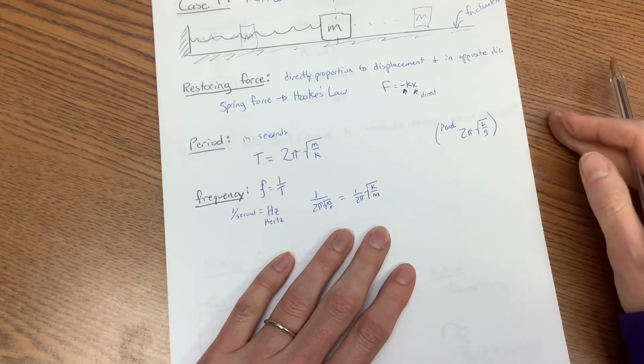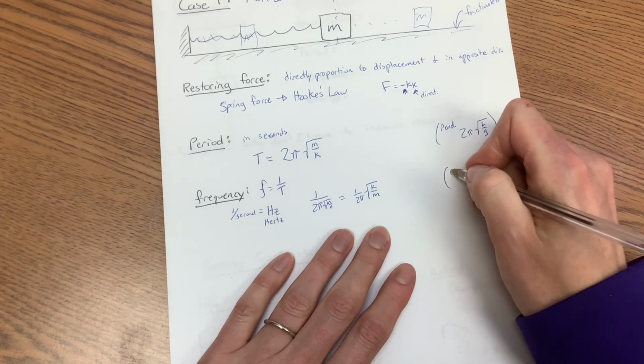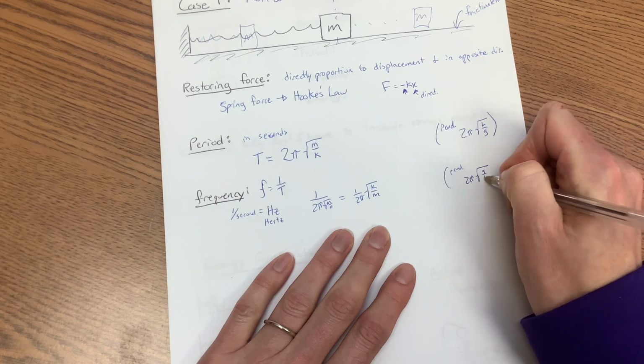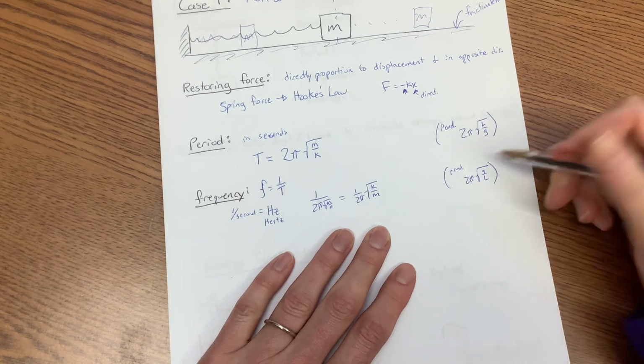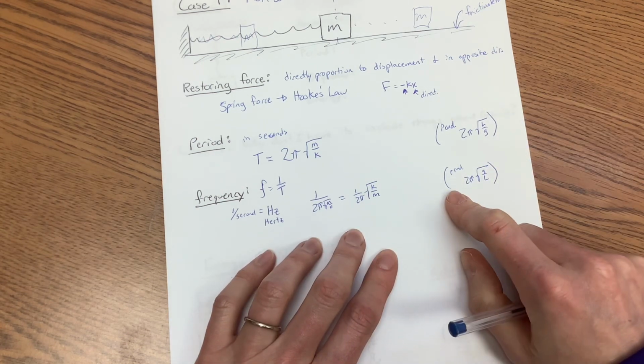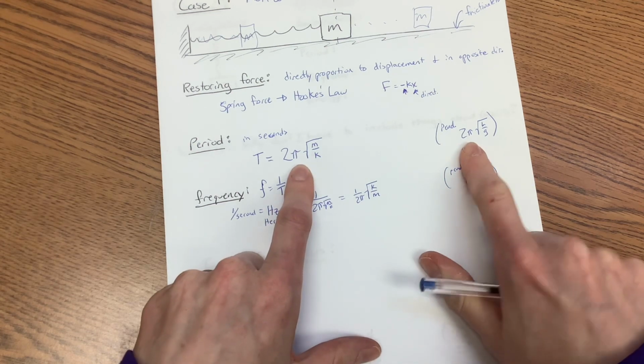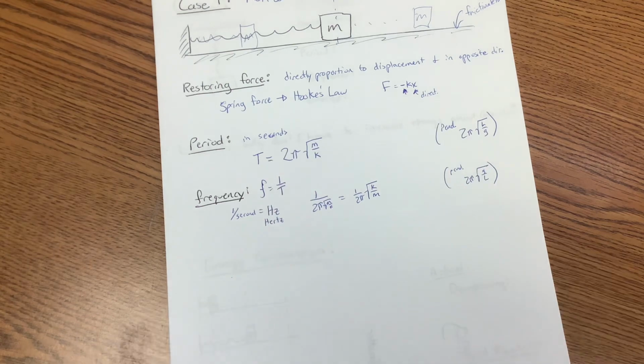And that has the same format of what the pendulum looks like. The pendulum is 1 over 2 pi square root of g over L. I've got to be honest, I don't remember if the frequency ones are on there, but the period ones are definitely on the equation sheet for you.